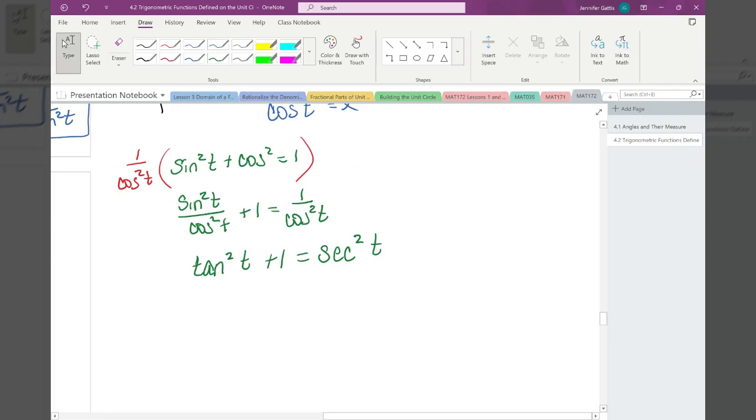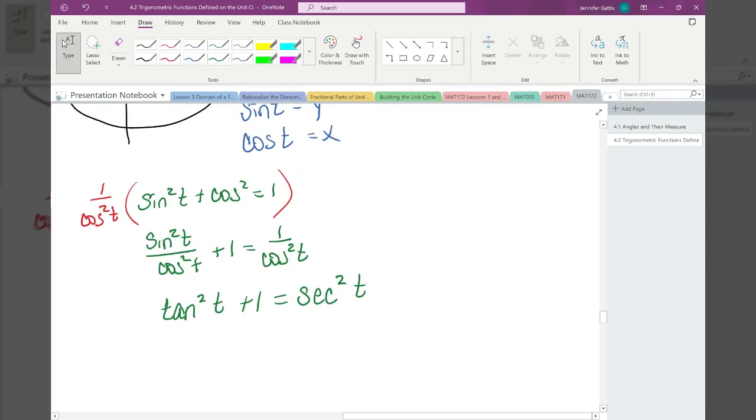Now again, sorry y'all, I hit the button to turn this off and I'm not quite done yet. So now we're going to start again with our sine squared plus cosine squared equals 1. This time, what if we multiply the whole thing by 1 over sine squared?